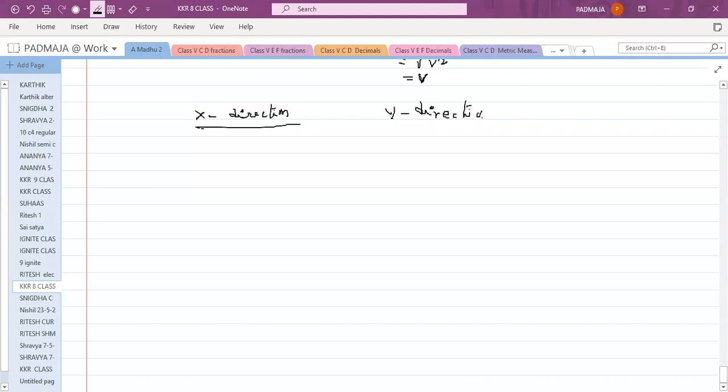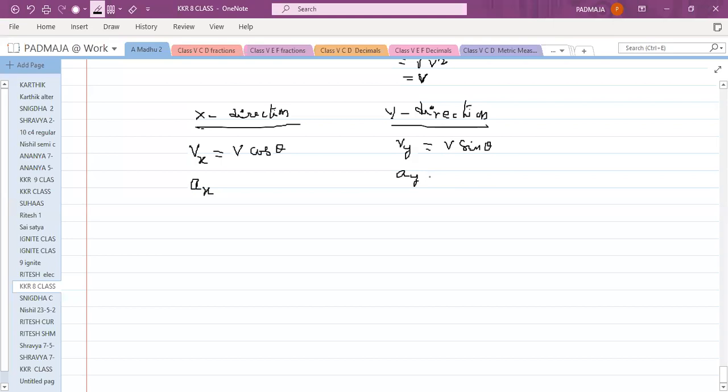Already we have split the velocity into two components. The velocity along x direction is v cos theta, and the velocity along the y direction is v sin theta. Now, let us suppose the particle has an acceleration in x direction which is equal to ax, and an acceleration in y direction which is equal to ay.